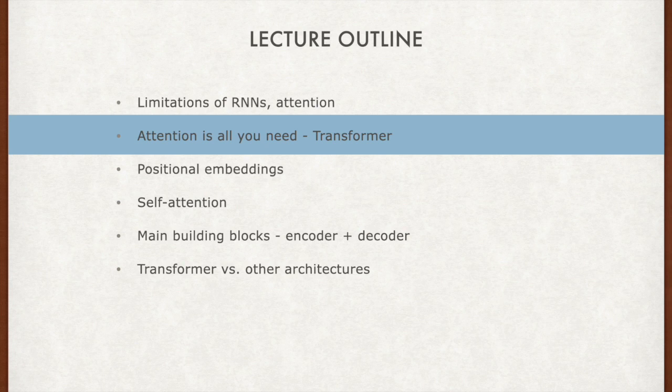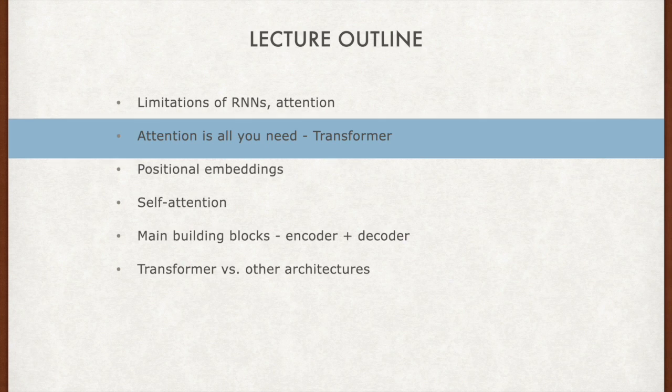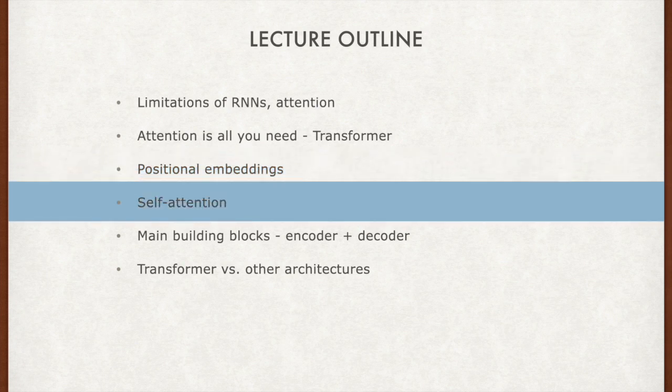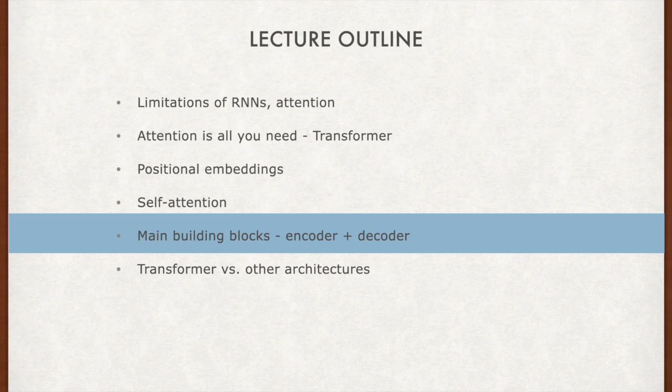We will first describe the input that we send to the network, which are static word embeddings enriched with something called positional embeddings. In the next section, we will introduce the idea of self-attention, which is the core component of transformer. Then we will iterate over each building block of both the encoder and the decoder.